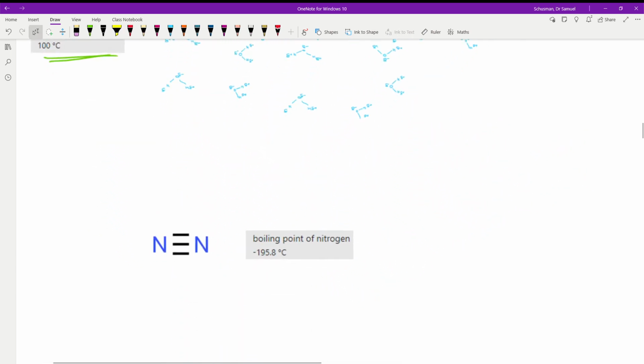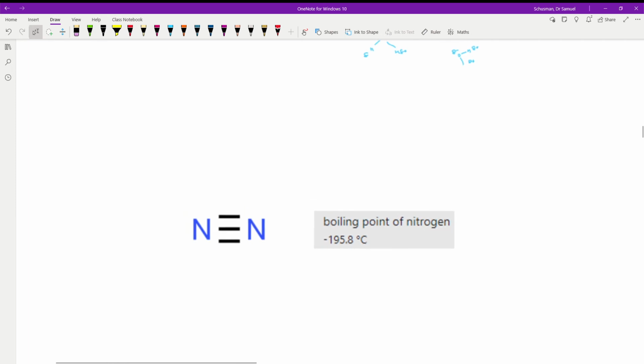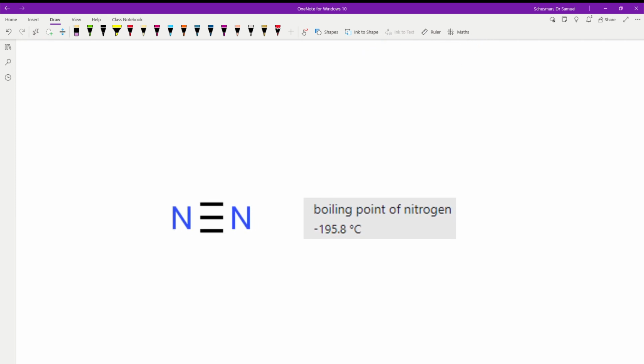Okay, to put that into comparison, if you look at nitrogen, which is a similar size molecule, I know it's only 2 atoms, but nitrogen isn't polar. Okay, the electrons in here are going to be in the dead center of this molecule, and it doesn't form hydrogen bonds. Actually, you start to realize how strong those hydrogen bonds are. The boiling point of nitrogen is minus 200.